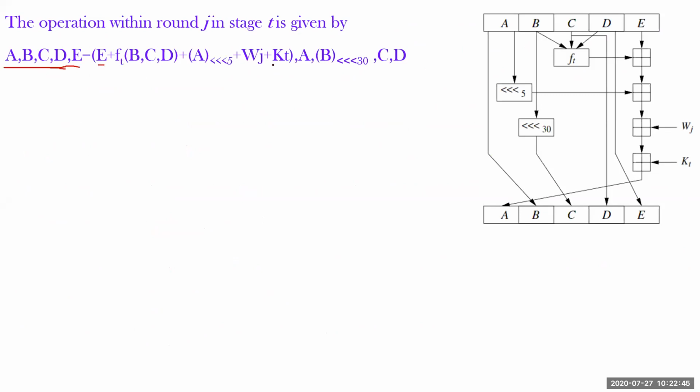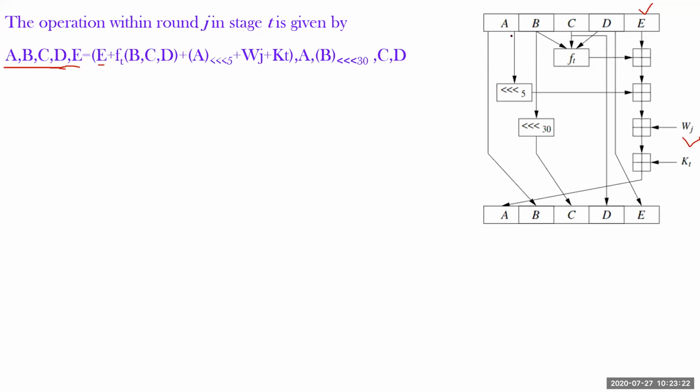So E plus F of T of B, C, D. F of T will always be taken into consideration, by A circular left shift of 5 times, plus W of J. So look at this particular W of J. Followed by B circular left shift of 30 times, then C, D. Look at this: A will be directly forwarded to B.